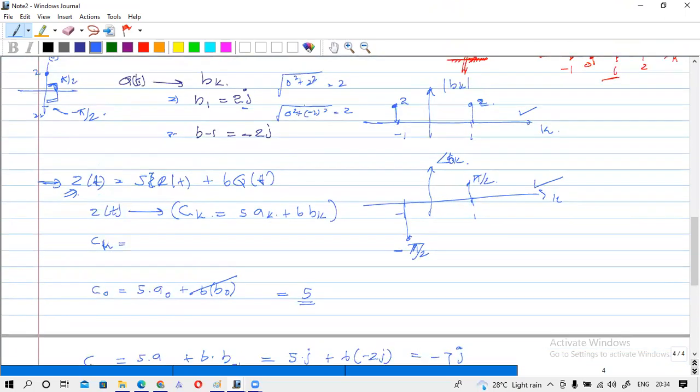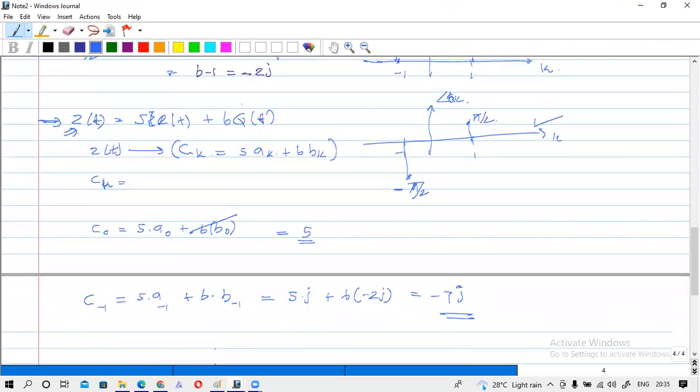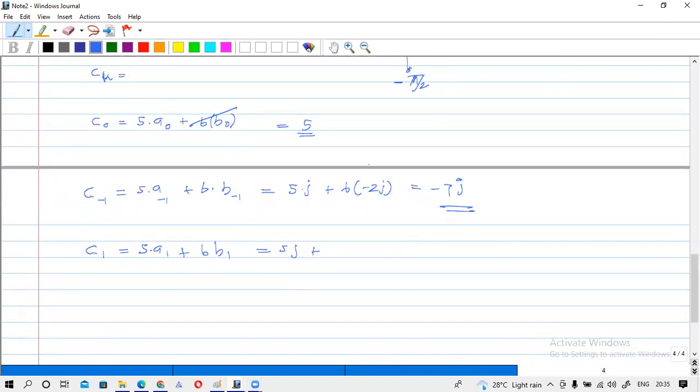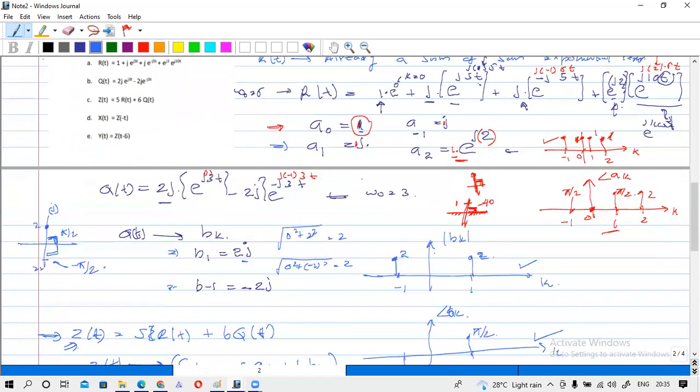What is b1? It is plus 2j. So it is 6 multiplied by 2j, so we have 12j here and 5j, you have 17j. So this is the c1 coefficient.